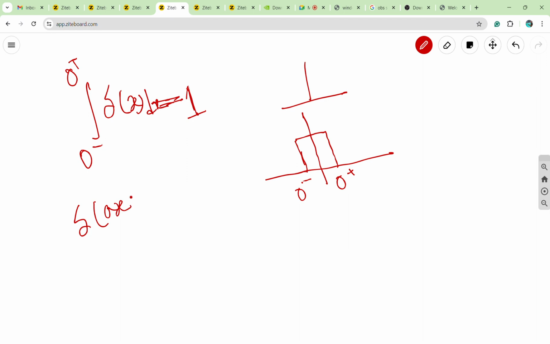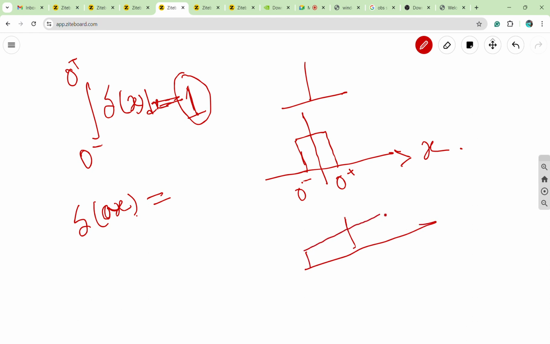So if I do a scaling in the x axis here, what will happen? To keep this value at 1, this particular height should decrease, because suppose we are increasing this region like this, so the height will decrease.